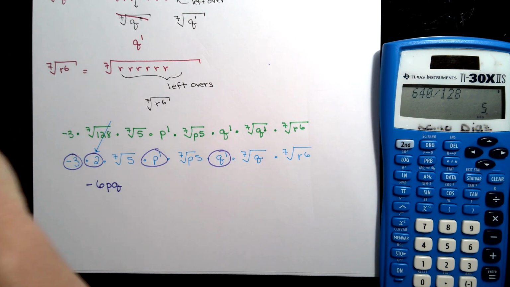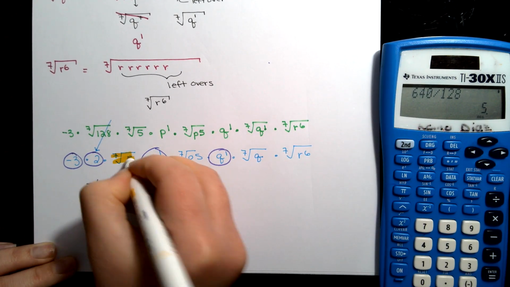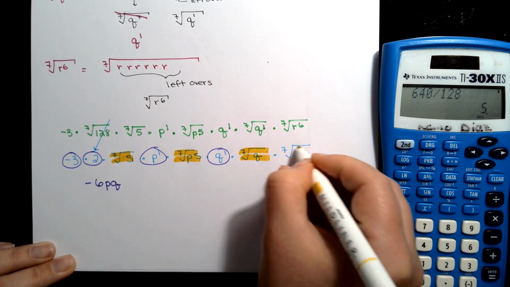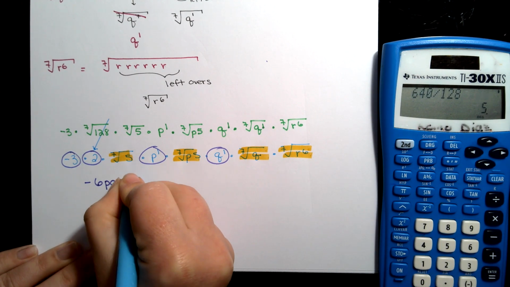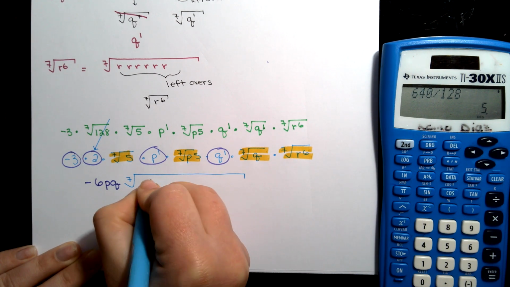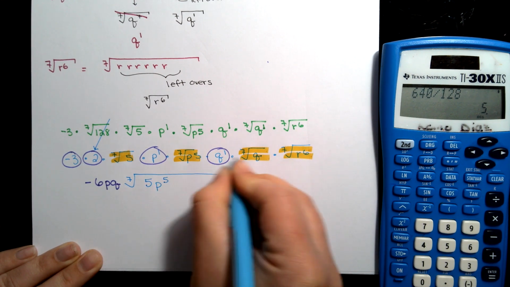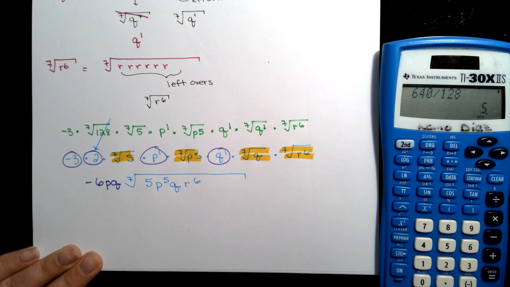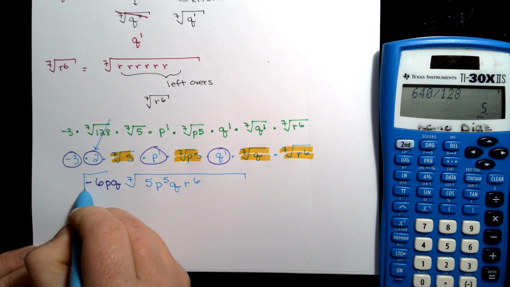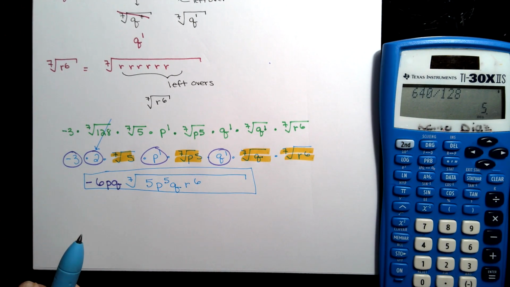Everything that is inside of a house with the same house number, sometimes they'll trick you and they'll give you different indexes. Be careful. We're going to write this under one roof, one radical, 7th root of what's inside. 5 is inside, p to the 5th power is inside, q is inside, and r to the 6th power is inside. Okay, be careful on that.